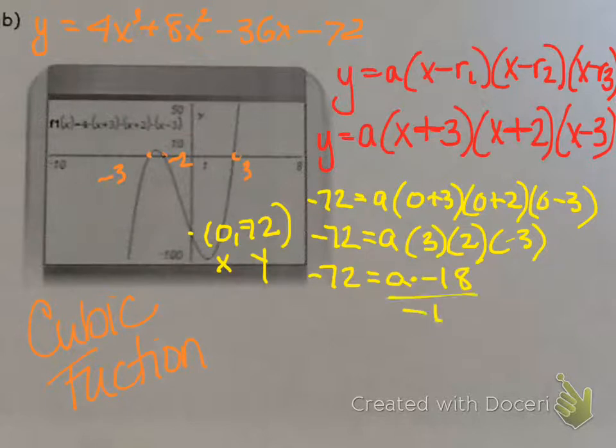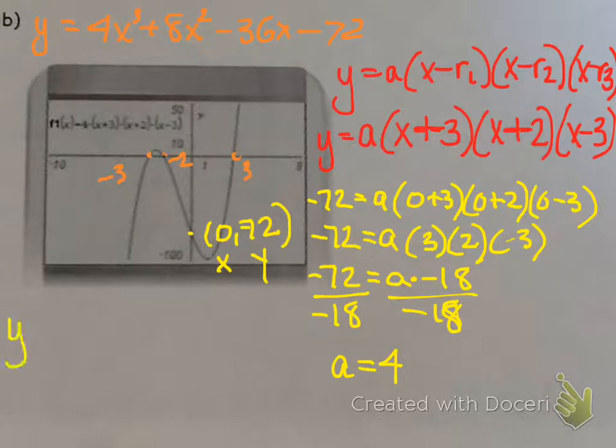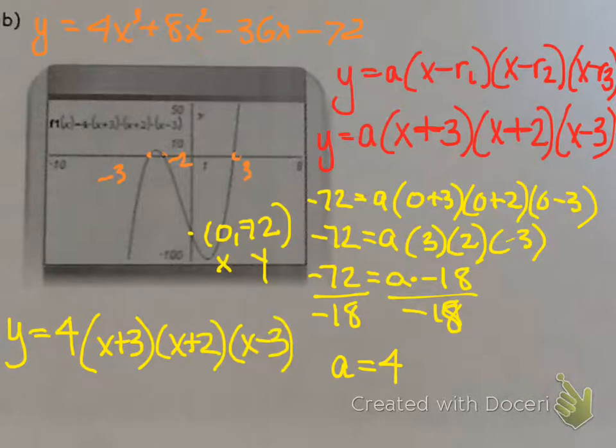So divide by -18, and a equals 4. So our final equation would be written as y equals 4(x plus 3)(x plus 2)(x minus 3). And there we go.